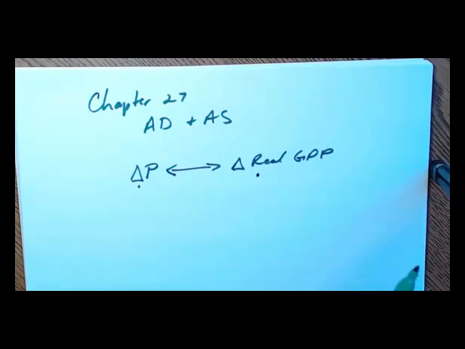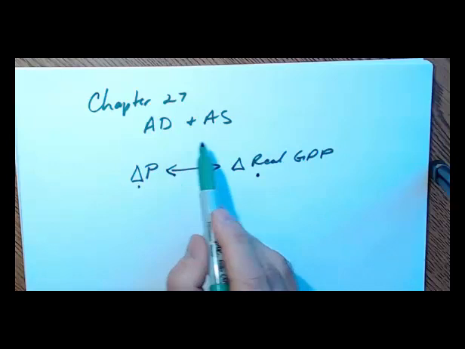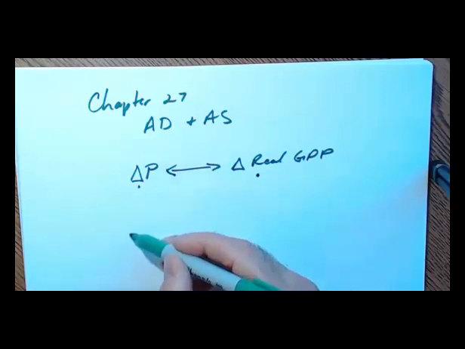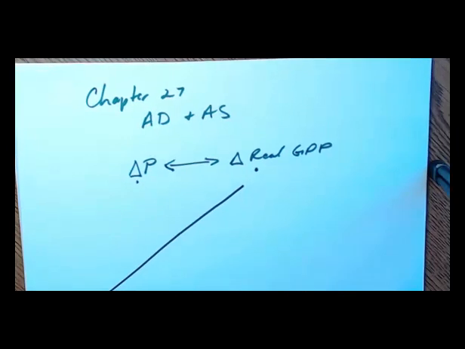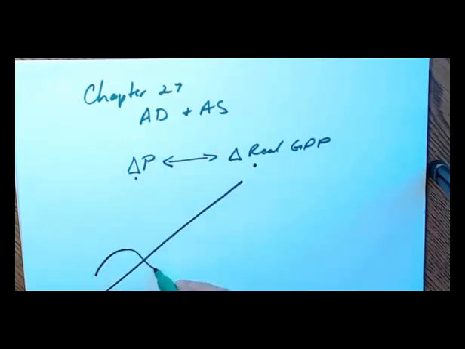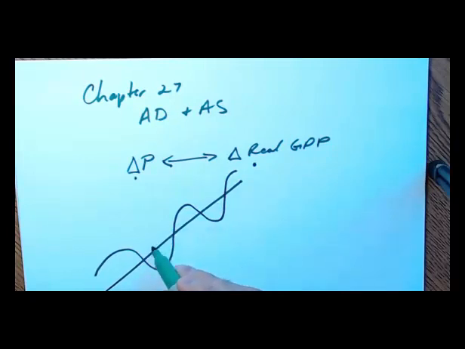And so our ultimate goal using these aggregate supply and aggregate demand models is that we want to explain, going back to what we looked at last chapter, short-run deviations from long-run potential. So here's long-run potential GDP, this nice trend. That trend is due to population growth and labor productivity, and for whatever reason there are deviations from the trend.